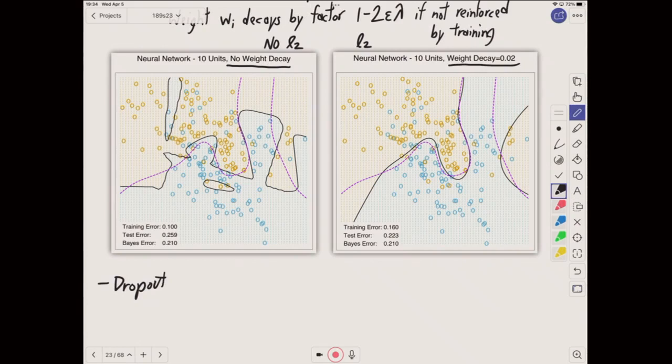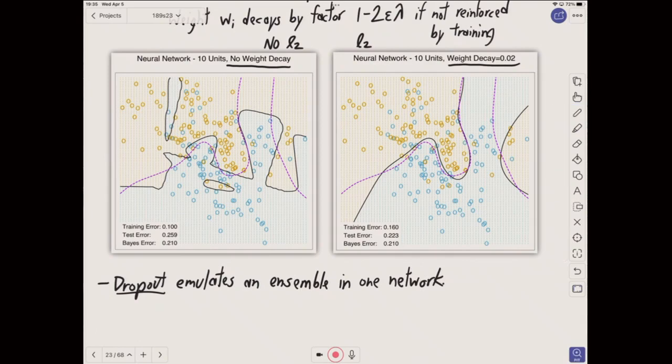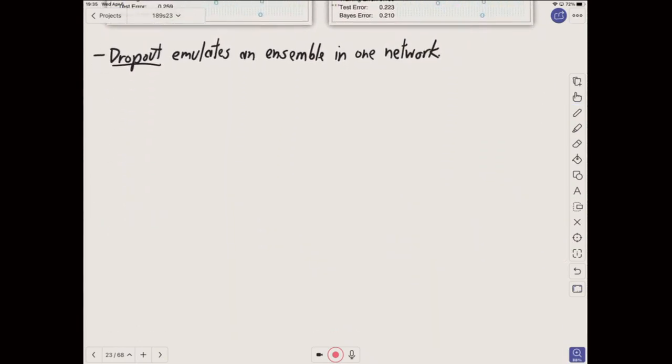All right, I saved the craziest idea for last. It's called dropout. Dropout is really interesting for a number of reasons. It emulates an ensemble, albeit without the expense of an ensemble. You just have one neural network, but you get some of the results you would get from an ensemble.